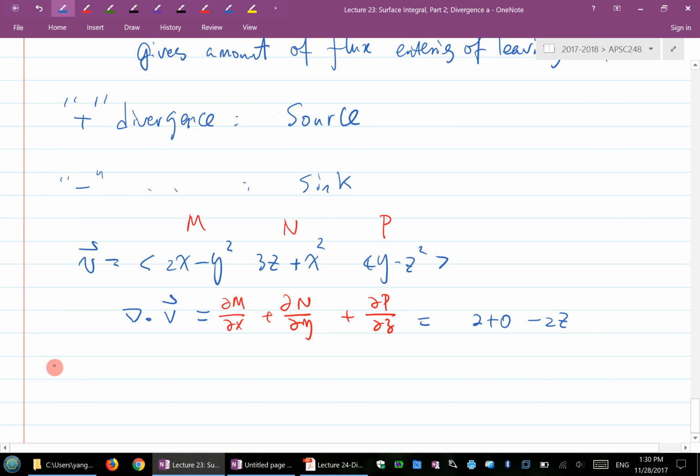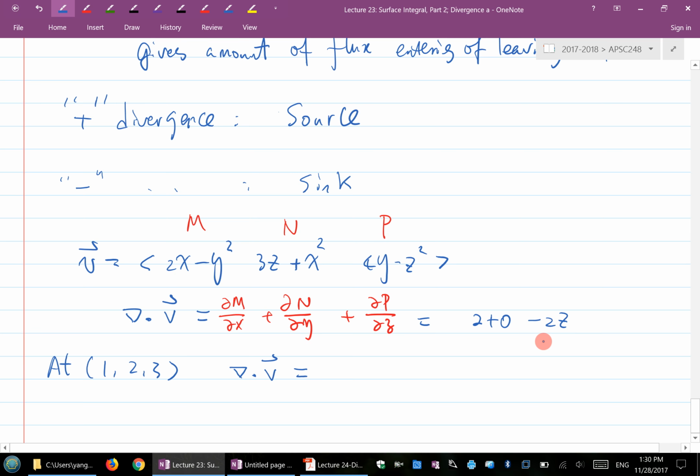Now let's pick a specific point. Let's pick (1, 2, 3), in 3D space. At this location, what is the value of the divergence?